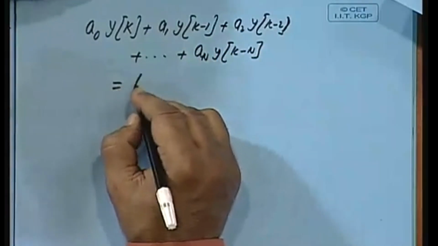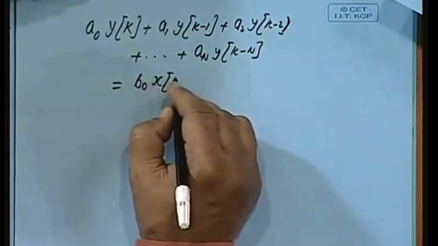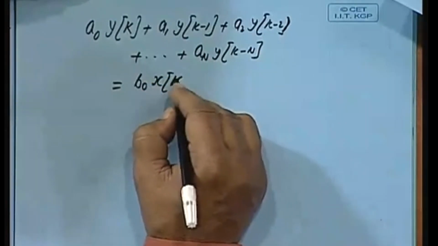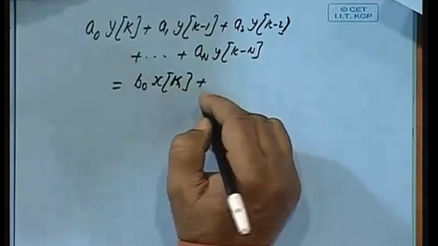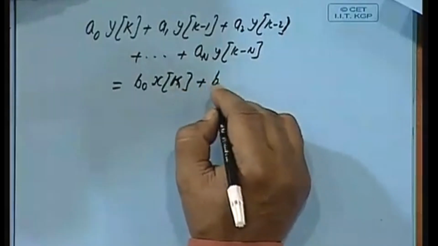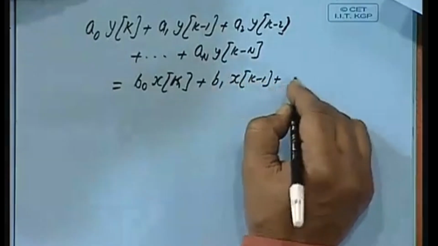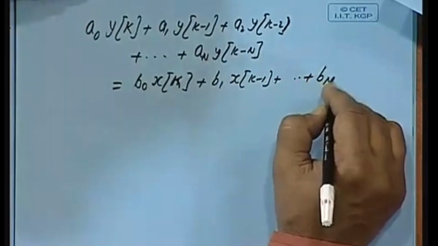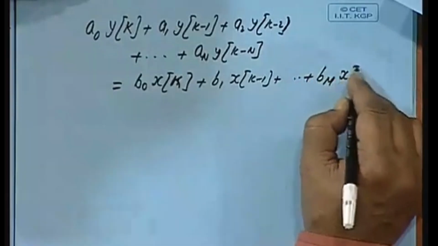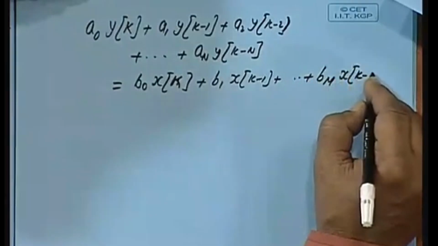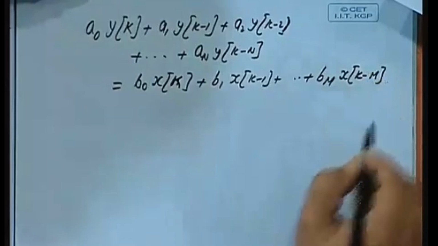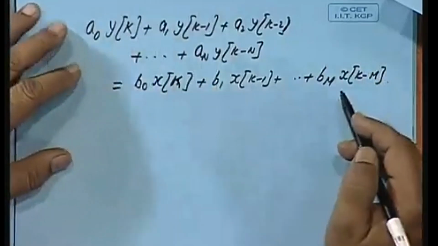On this side you have B0 xk plus B1 x k minus 1 and so on up to Bm x k minus m. This is a generalized form of a difference equation obtained from differential equation.